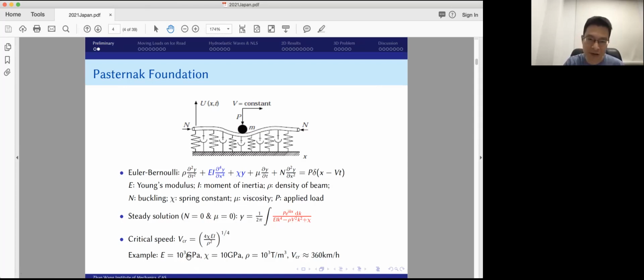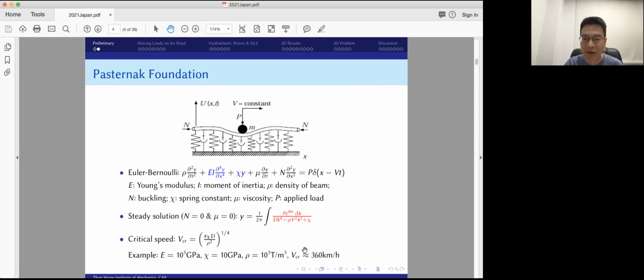And you can calculate the critical speed if you substitute the numbers. For example, if the Young's modulus is 1,000 and the spring constant is 10, something like this, you end up with a critical velocity of 360 kilometers per hour, which is pretty similar to the speed of the faster trains in China, Japan or Europe.